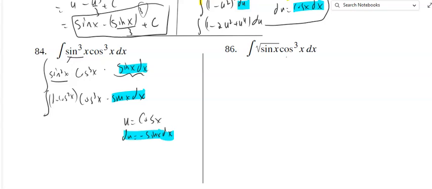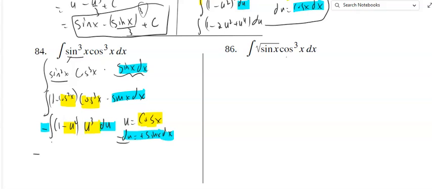And now if I let u equal the cosine, I'm looking at an integral of 1 minus u squared, times u cubed, times negative du.